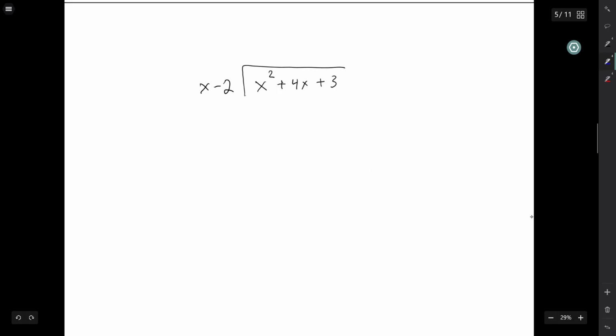Now what I want to look at is the biggest parts. I want to make x squared out of an x. In order to make x squared from an x, I need to multiply it by x. And so I take x, multiply it by all of x minus 2, and I subtract it over here.